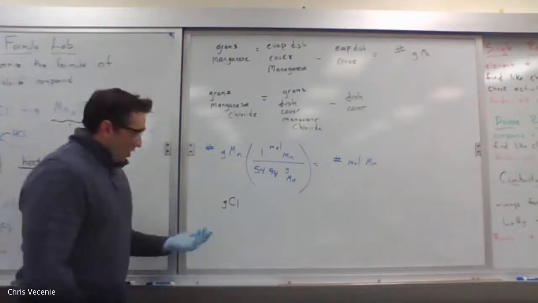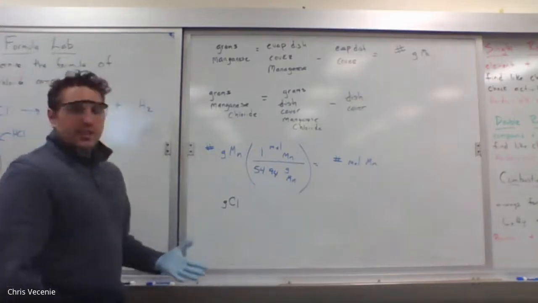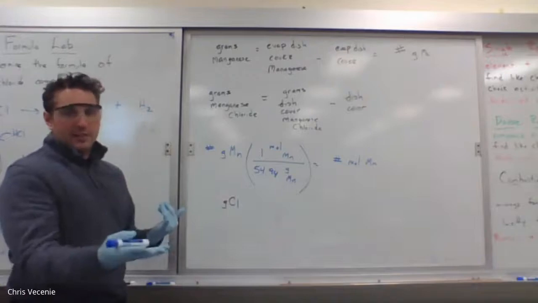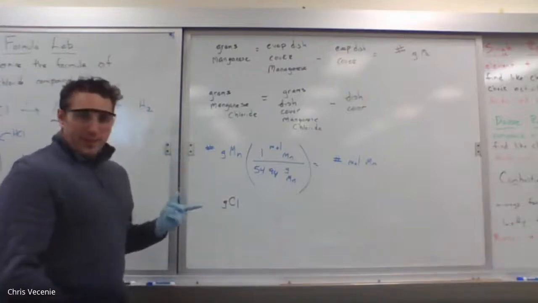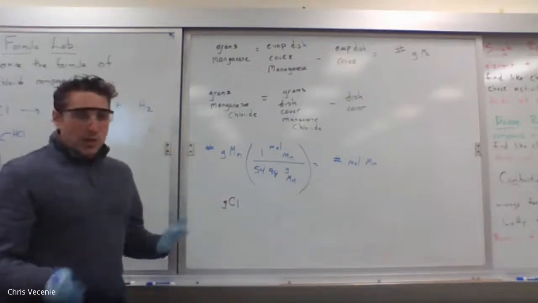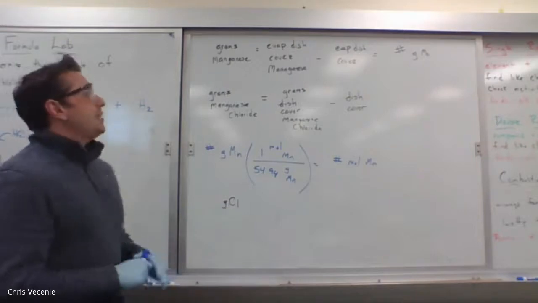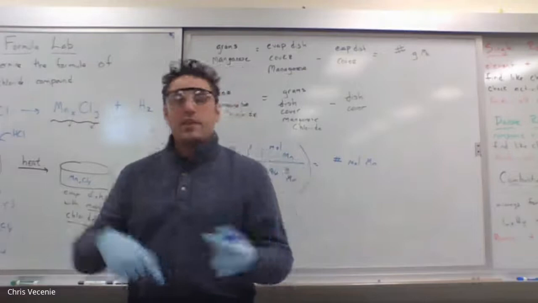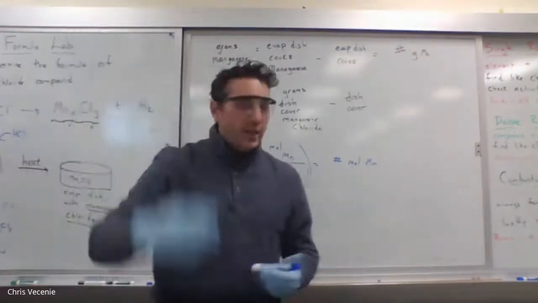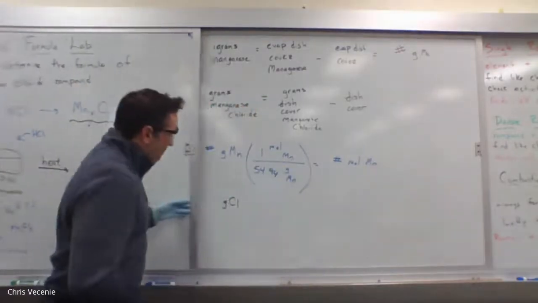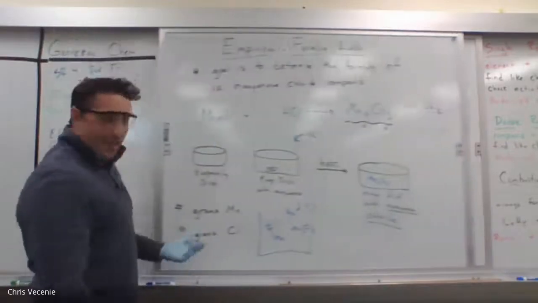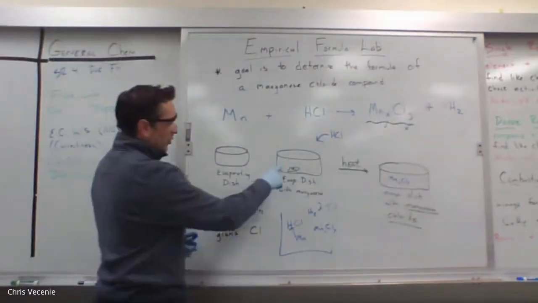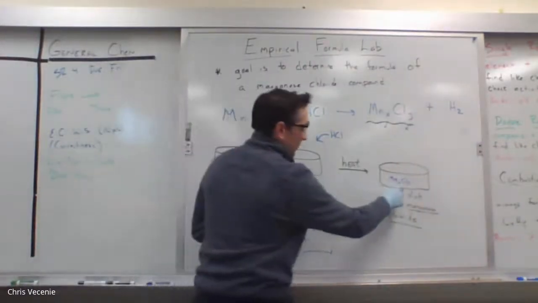All right, so now what you'll have is you'll have your manganese chloride, the stuff at the end. You'll have the manganese from the beginning. The only difference between those two weights is going to be the chlorine. And last time it got lighter when we heated it because we had the oxygen leaving. Believe it or not, this time it's going to get heavier because I started with just manganese and I attached something to it.